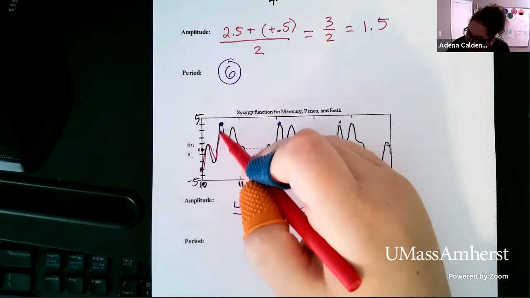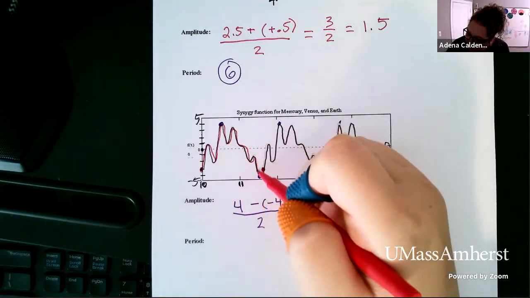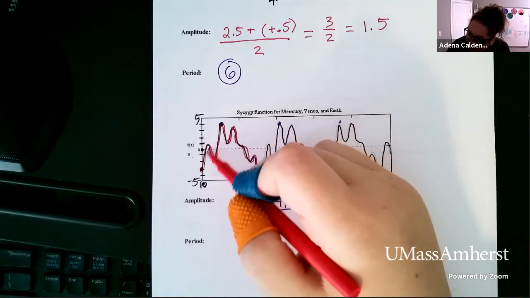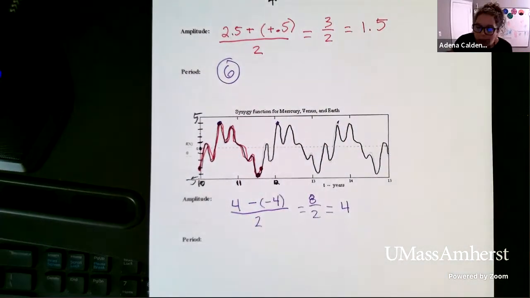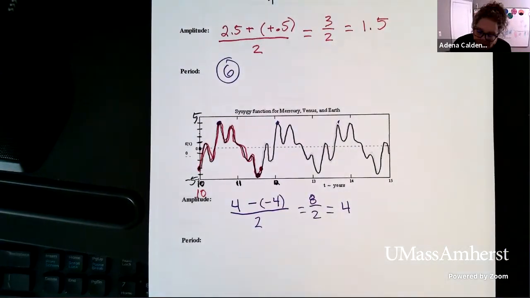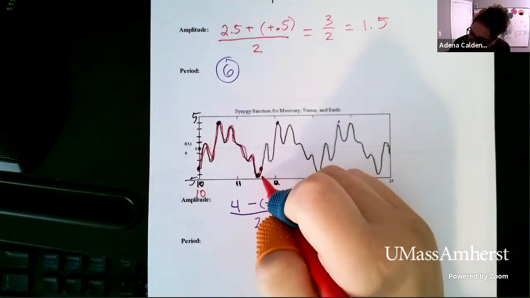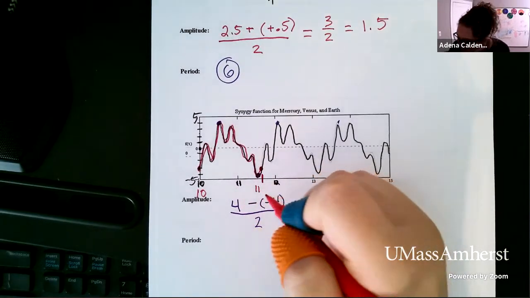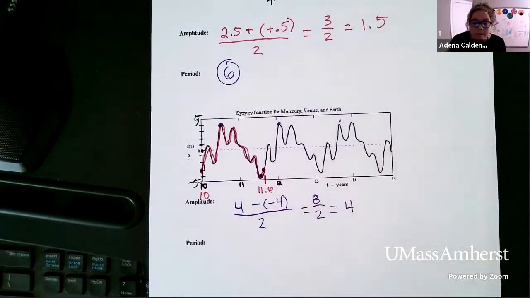The piece that I'm looking at, I'm going to roughly trace, looks approximately like that. Here I started at 10, not at 0, so I have to be careful about that. And I go till about here, and I'm going to approximate that to be, I don't know, 11.6 roughly.